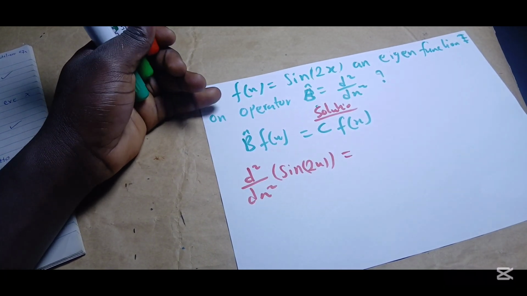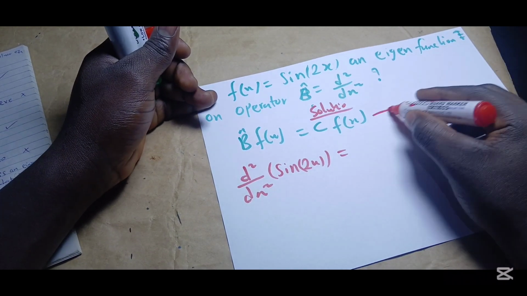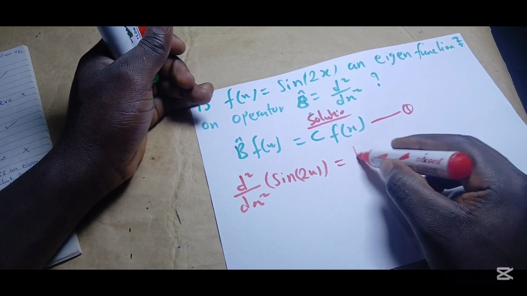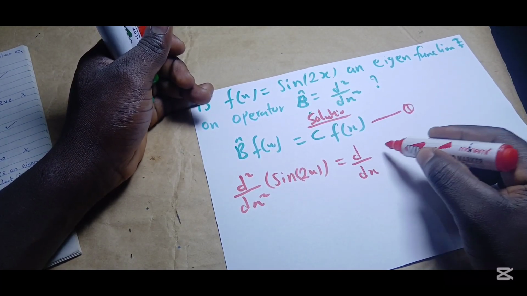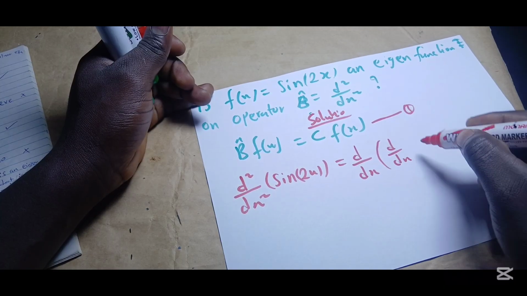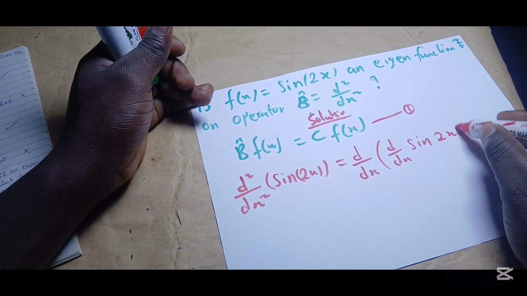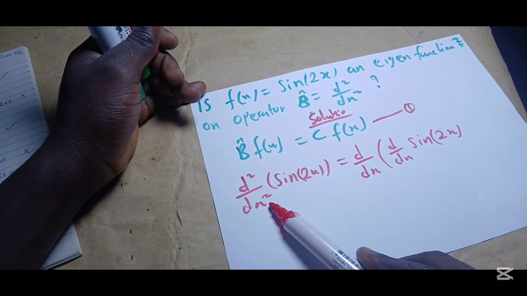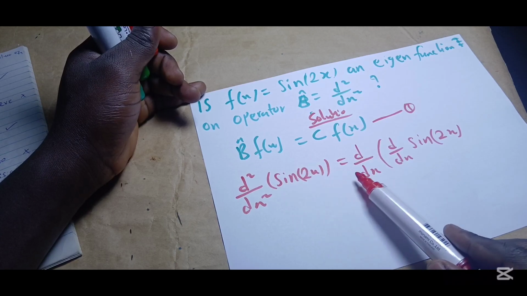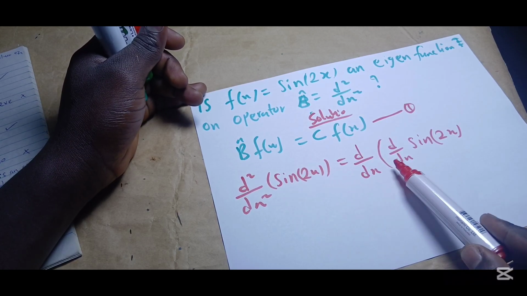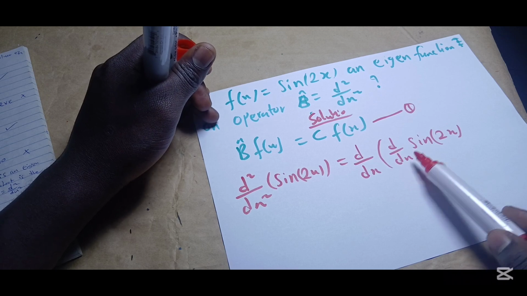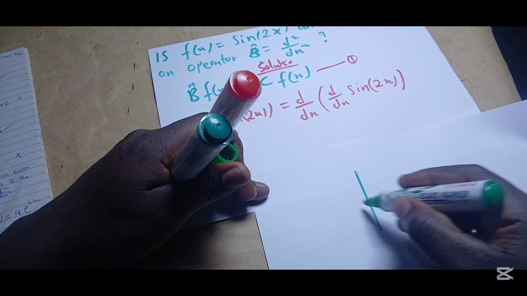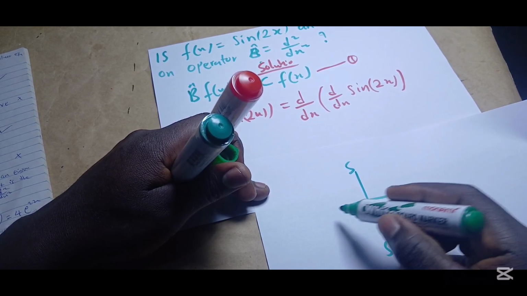Now we are going to differentiate this, and after that, we compare it to our general equation. d squared over dx squared means that we are differentiating this function with respect to x twice, which can also be written as d over dx multiplying d over dx of sine 2x.